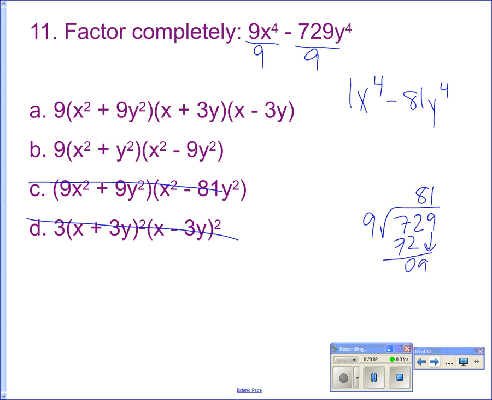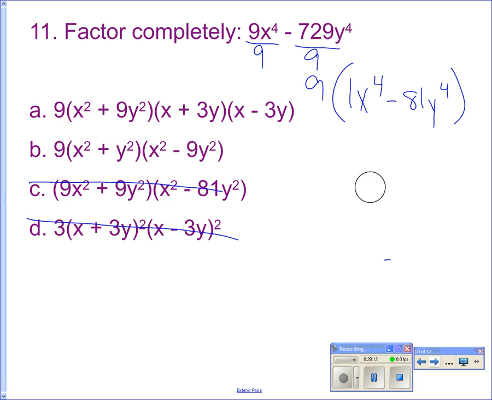So when I divide this by 9, I get 1x to the 4th minus 81y to the 4th. Do y'all agree with that? Cannot go any further. How do you split up x to the 4th? How do you split up 81? What else do I need? Y squared.